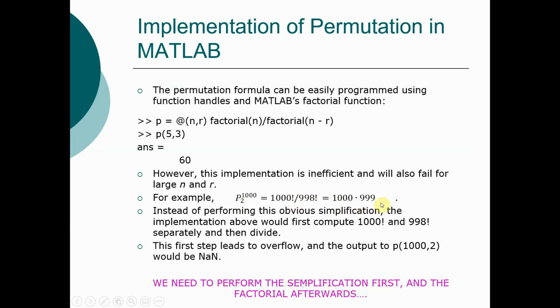To answer this question, we only need to do one multiplication, but we are doing 999 multiplications here, 997 multiplications here, and then a division. We didn't need to do that. So this is not a very efficient way of finding the number of permutations using MATLAB.